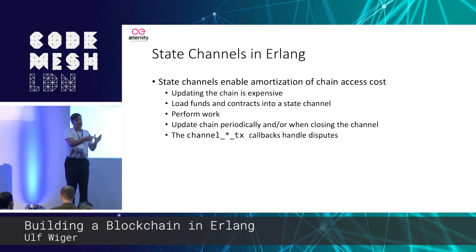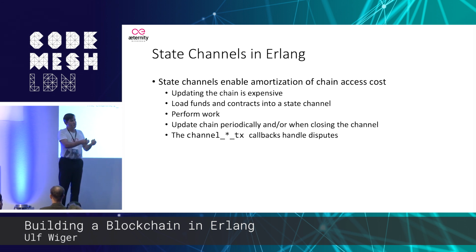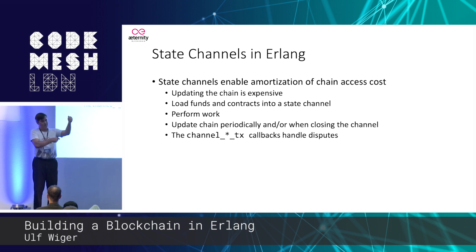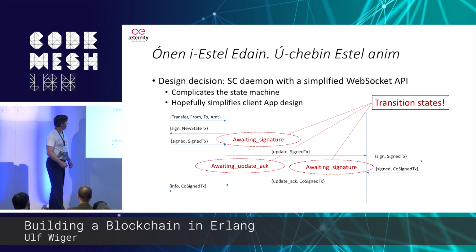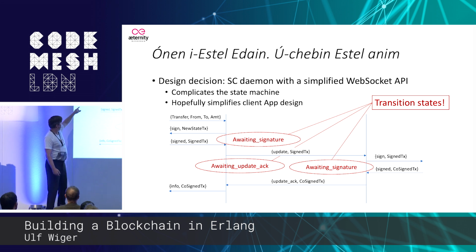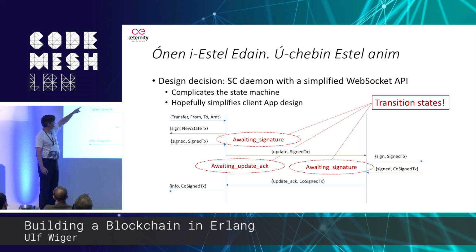The idea of the state channel is that you're off-channel, but you're still working in sort of a limited trust. What we do is require the parties in the channel to co-sign everything. I had a picture that illustrates this, where, for example, I want to transfer some coin to the other party in the channel.